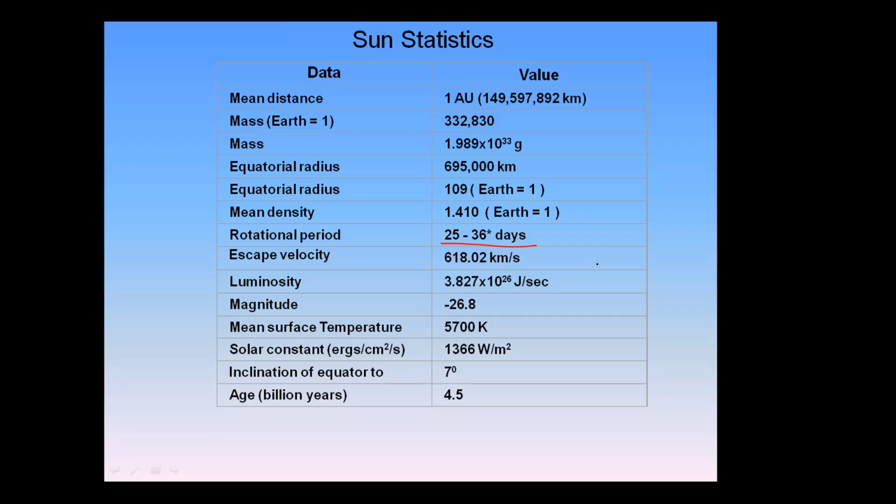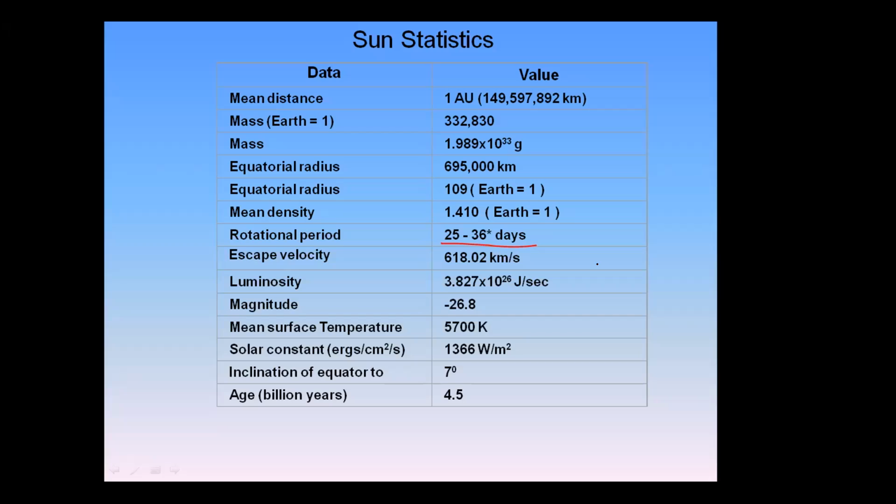Usually the layers close to the equator actually move faster than the polar regions. So the polar regions just take maybe like 36 days, and the equator rotates a little faster, like 25 days. So this rotation is called differential rotation. Differential rotation.